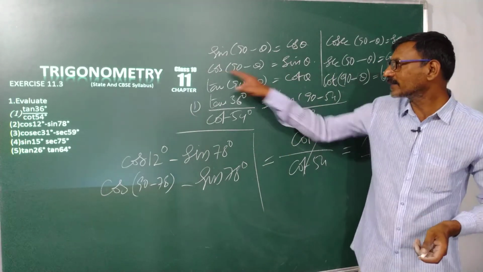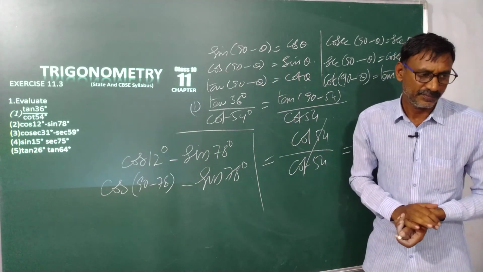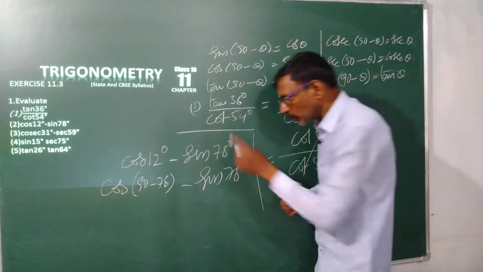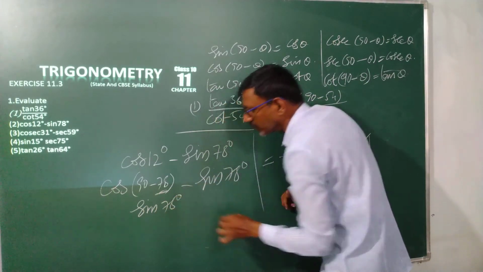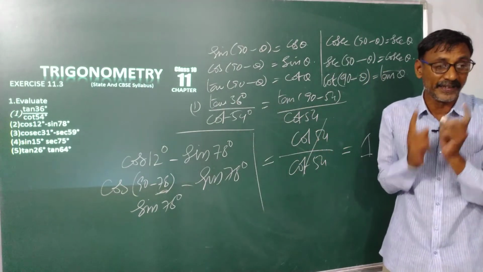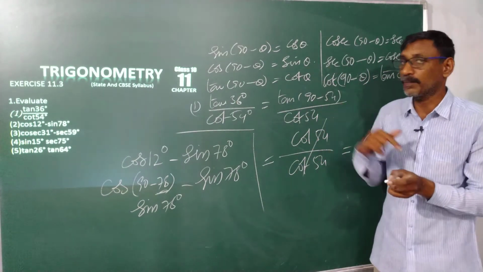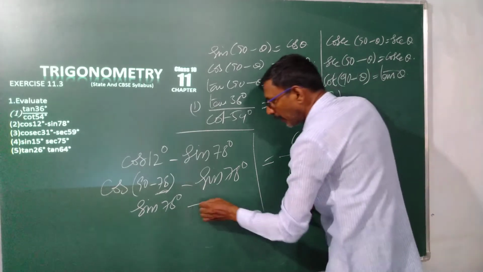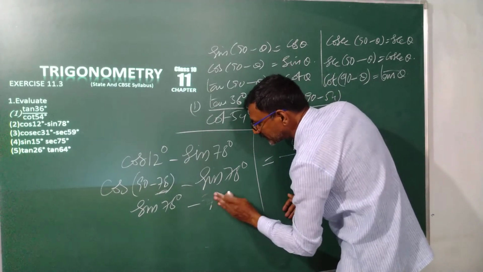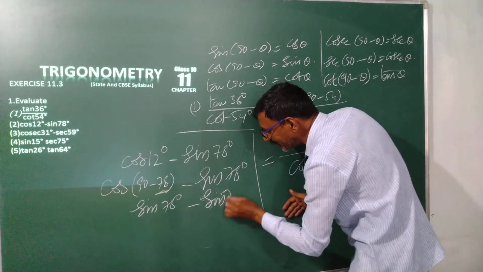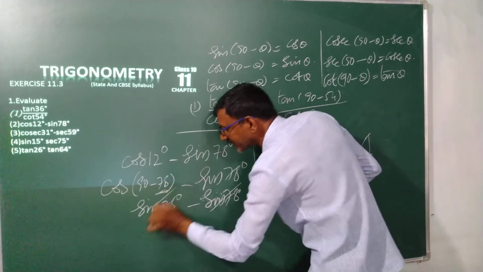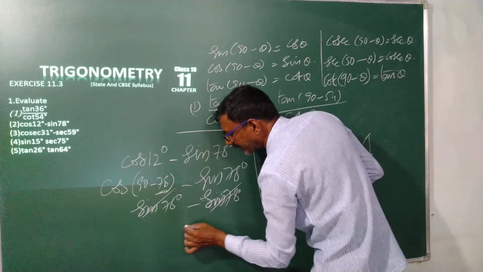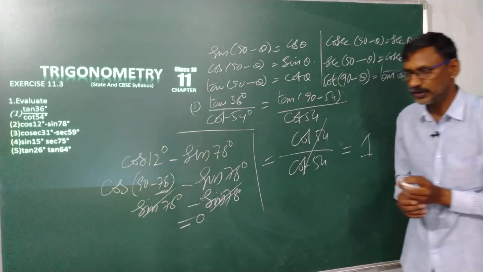See, cos 90 minus theta is sin theta, my theta is 78 here. We have to recognize my theta every time from the formula. Minus sin again 78 degrees. Sin 78 and sin 78 get cancelled. Equals 0.